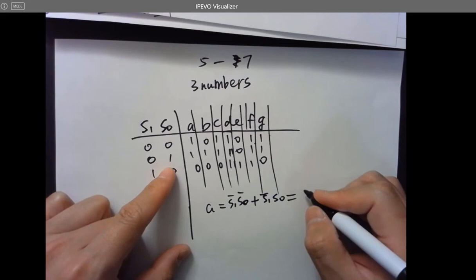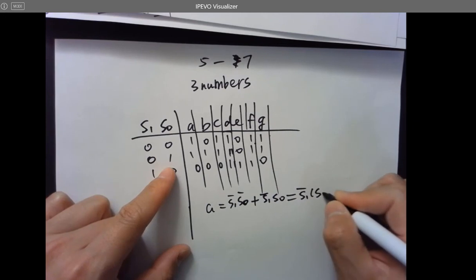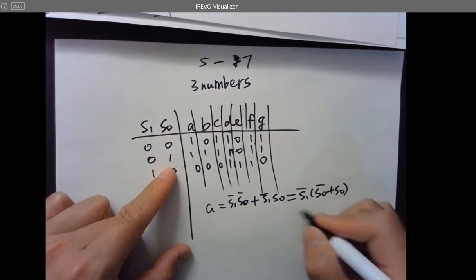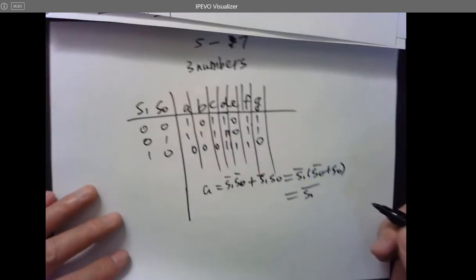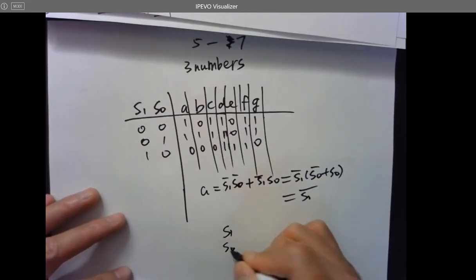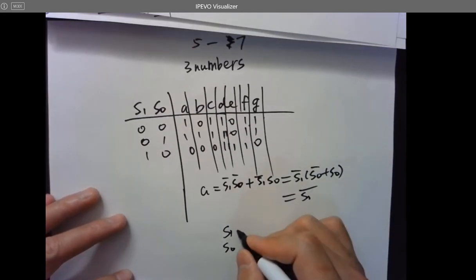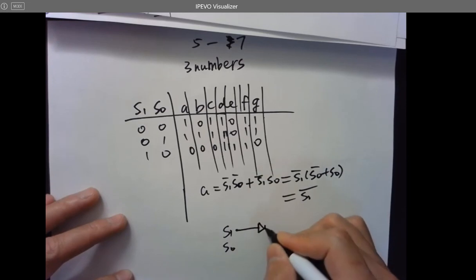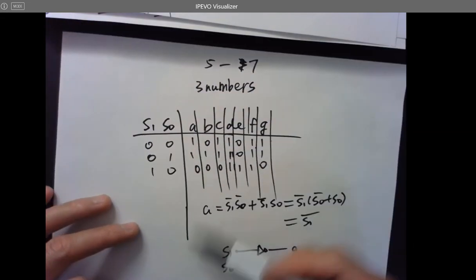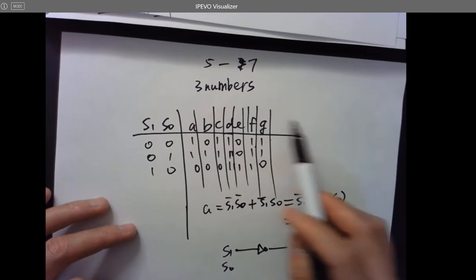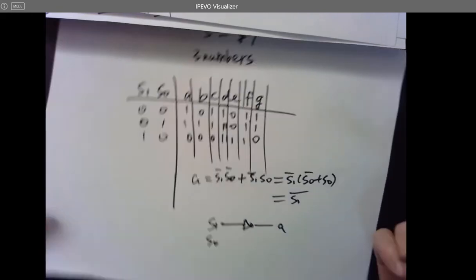You can take S1 not out, which is S1 not. Okay, it's pretty simple. The circuit will be very easy. A will be S1 not. Just do this pretty simple job for all the other numbers, then you are done for the problem.